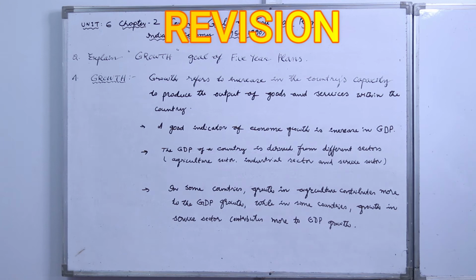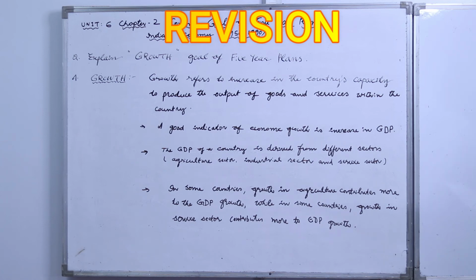A good indicator of economic growth is a steady increase in gross domestic product, GDP. GDP refers to the market value of all final goods and services produced in the country during a period of 1 year.